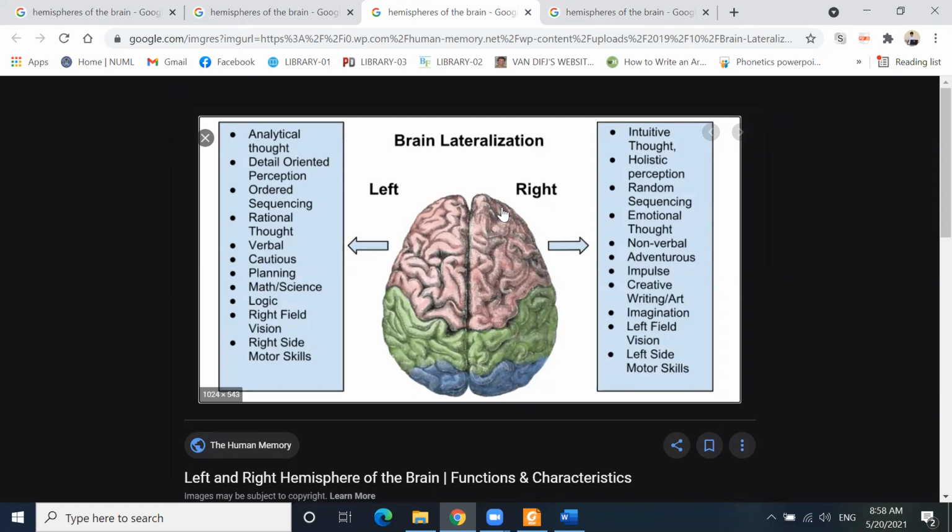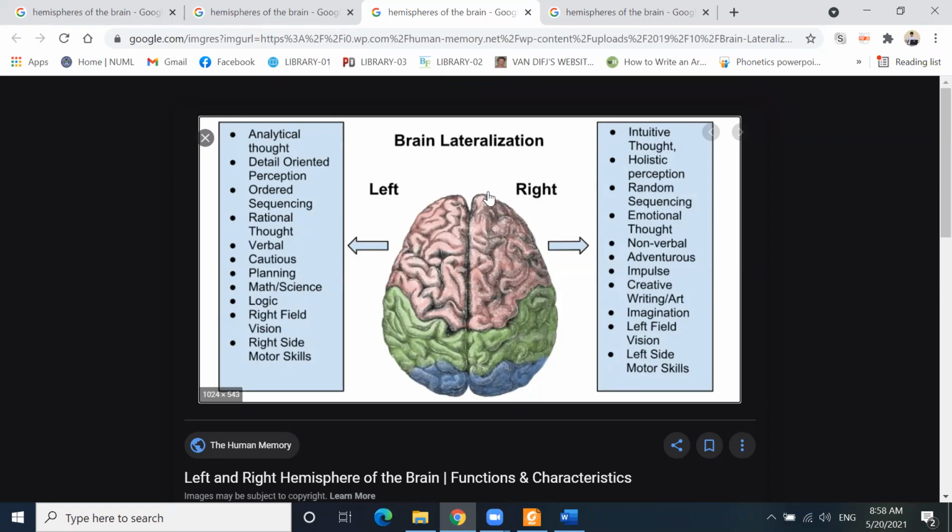So some gunpowder accidentally exploded, and a long rod made of iron went inside this right front part of his brain, in the forehead you may say. So this front part of the right hemisphere got damaged.